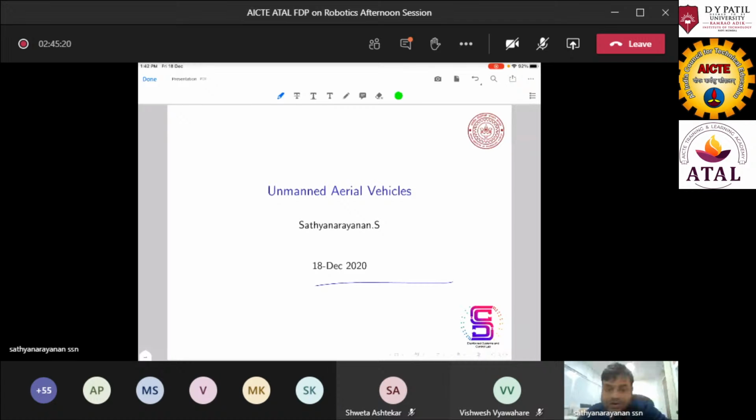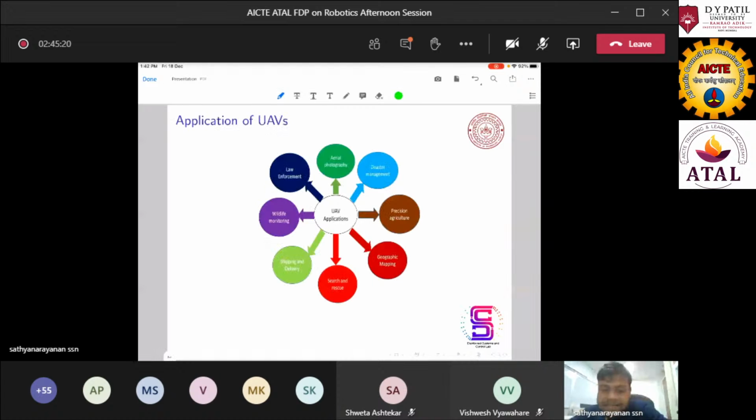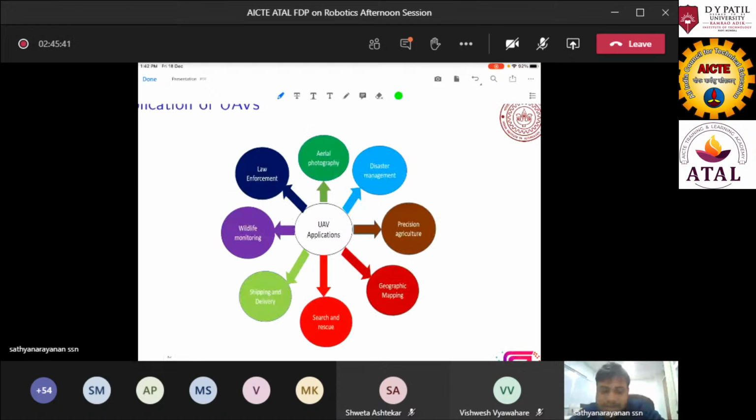So UAVs have a huge variety of applications due to their small size, and they can be installed with a high precision camera, which is useful for monitoring and surveillance purposes. These are the applications where UAVs have been used, which I have seen or read in an article.